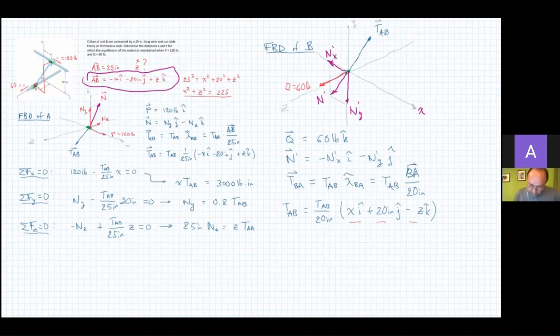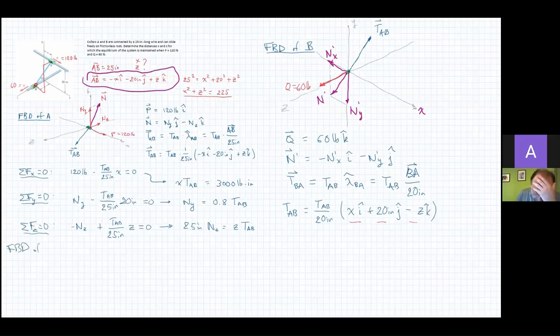Okay, let's continue. Let's set up the equations of equilibrium for the free body diagram of B. We have the summation of forces in the x direction equal to 0.